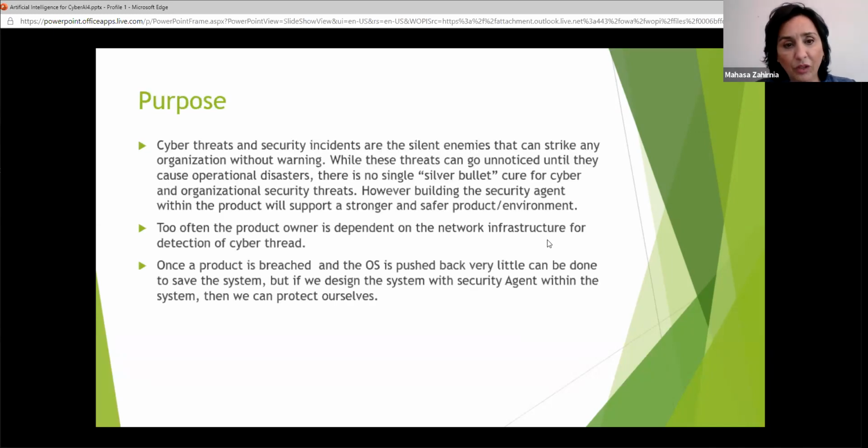Today, cyber threats and cybersecurity incidents are silent enemies, and they're overtaking multiple organizations with a massive amount of breaches. This industry is being overwhelmed with bad actors, and we really are not understanding the root cause analysis of the attacks that are imposed onto the product.